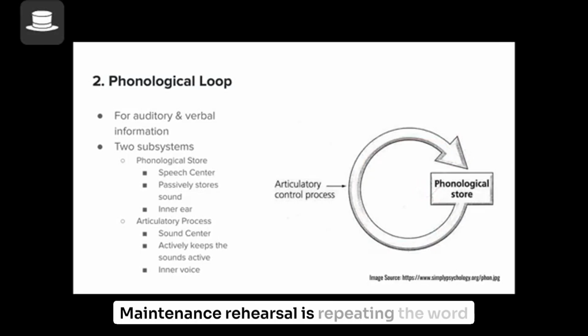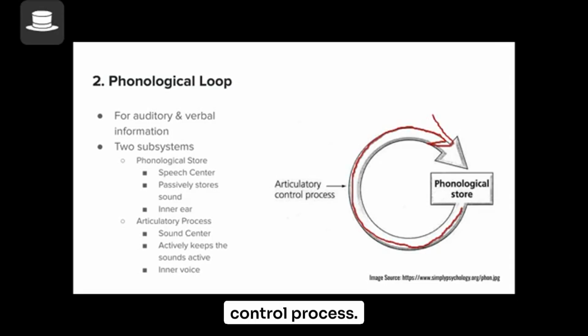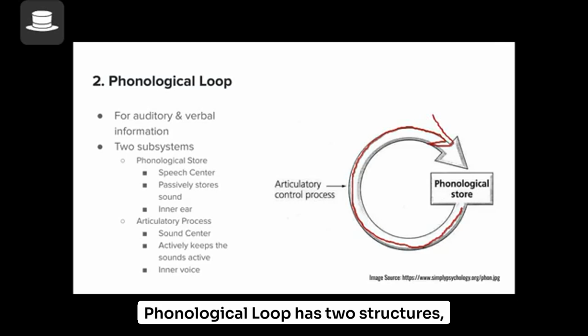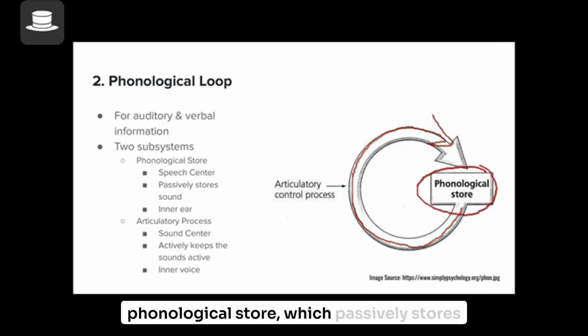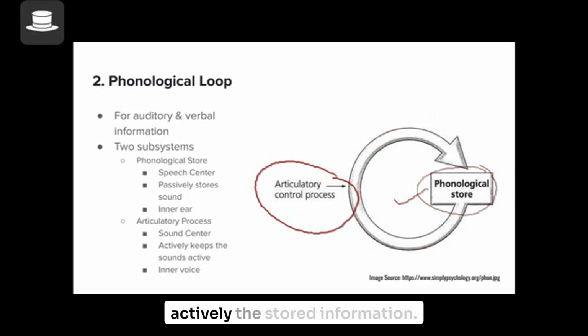Maintenance rehearsal is repeating the word in your head over and over again. That repetition is because of the articulatory control process. The phonological loop has two structures: the phonological store, which passively stores information, auditory or verbal, and an articulatory control process, which actively maintains the stored information.